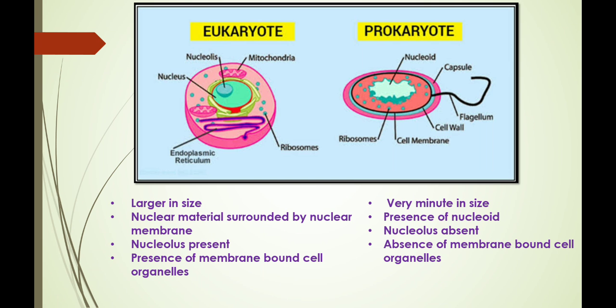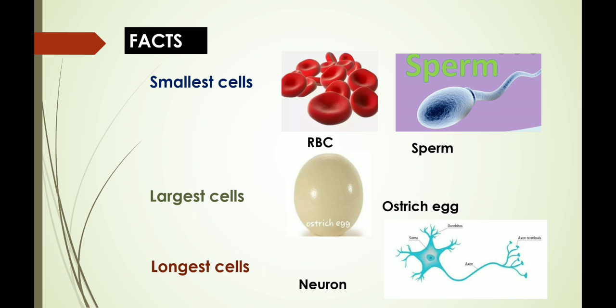Okay. Now, I would like to share some facts about the cell. The smallest cells in our body are the RBC and at the same time the sperm. Both of them are considered as smallest cells because sperm ranges from 4 to 4.5 micrometers and RBC is 5 micrometers. So they are very near to each other.